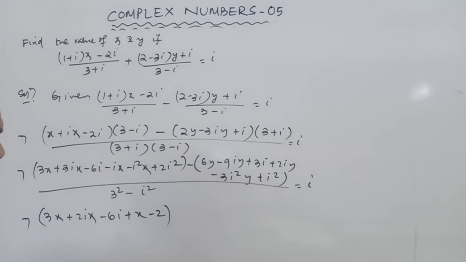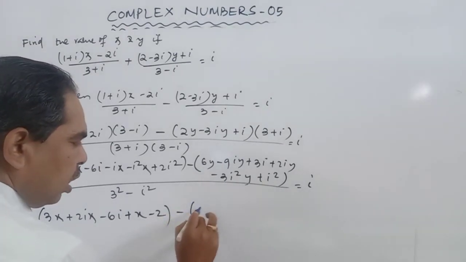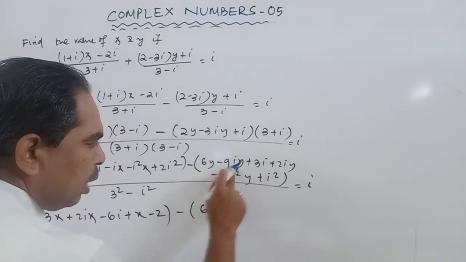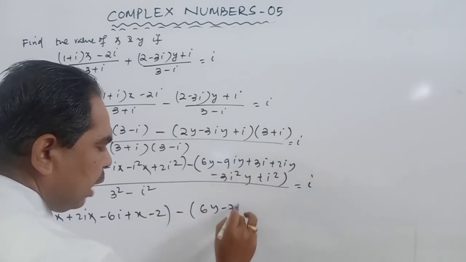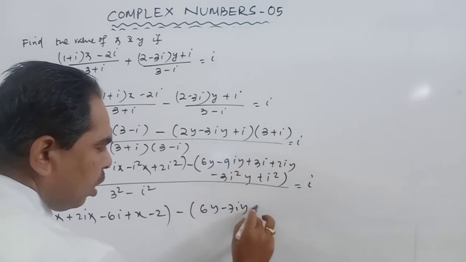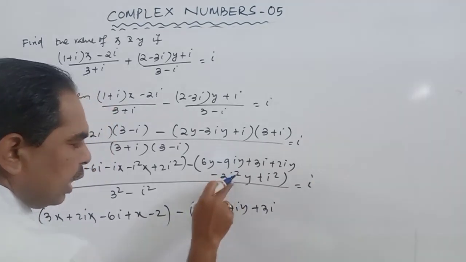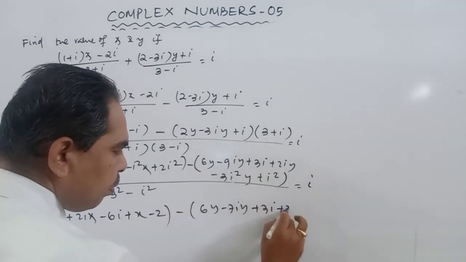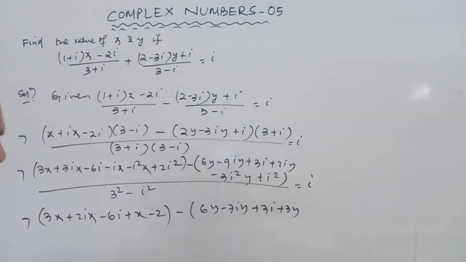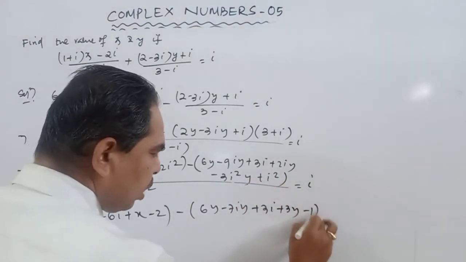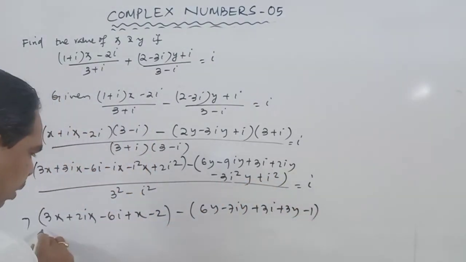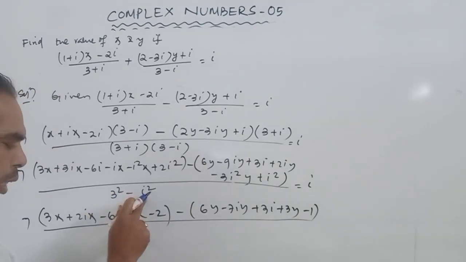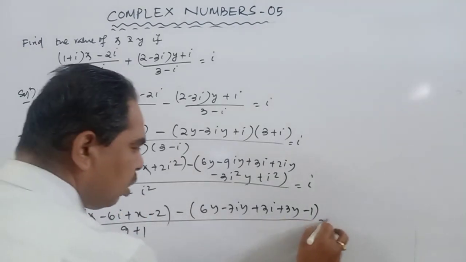Minus of 6y, minus 9iy plus 2iy, minus 7iy, plus 3i. This is 3i square, i square means minus 1, so minus means plus 3y, divided by 3 square means 9, i square means minus 1, so plus 1, is equal to i.